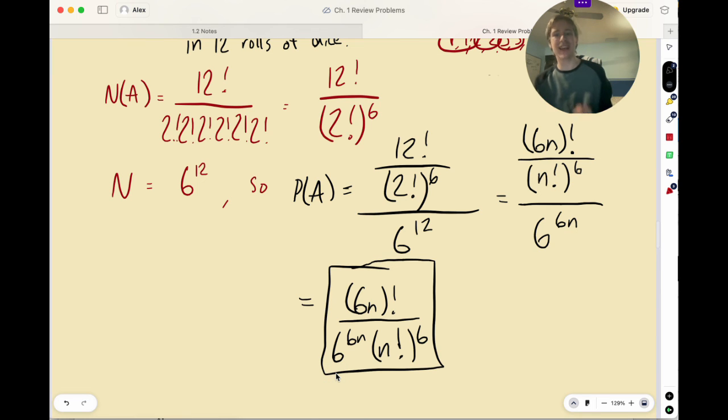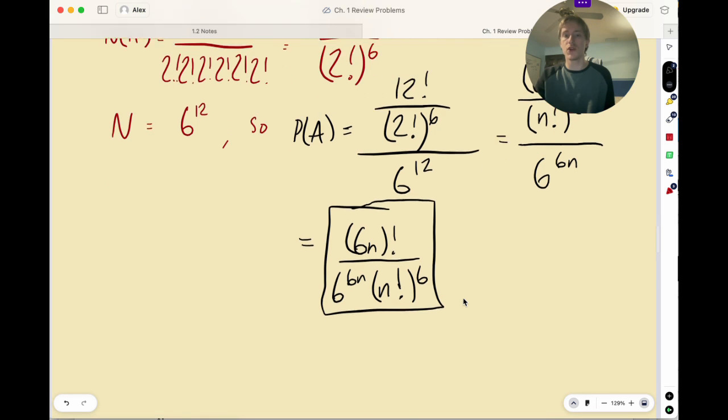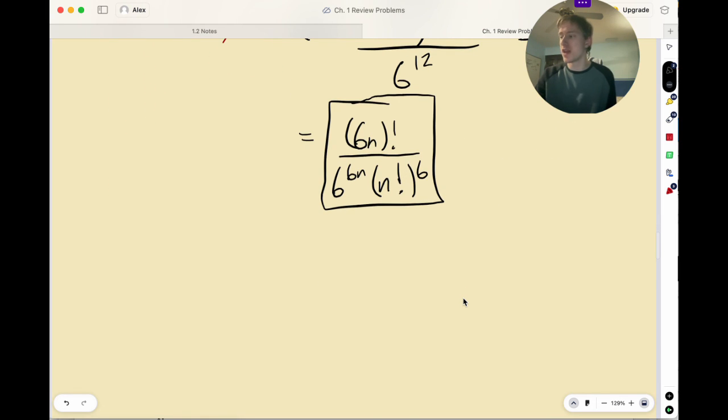Now, this doesn't help us though, because for large enough n, it's going to be impossible to compute the factorial. But if you'll remember, there's this really cool thing called Stirling's approximation that's going to allow us to do this pretty easily.